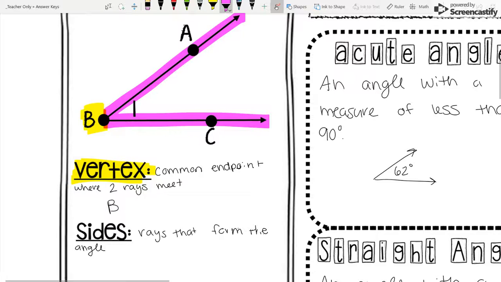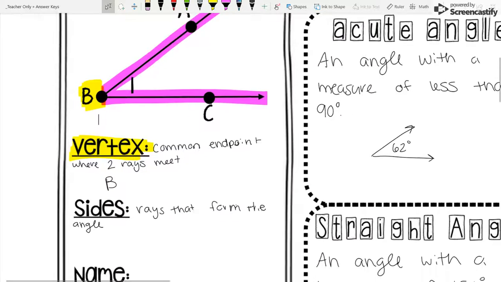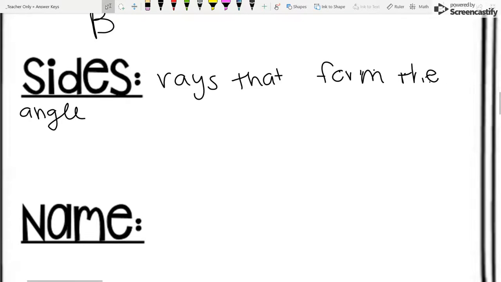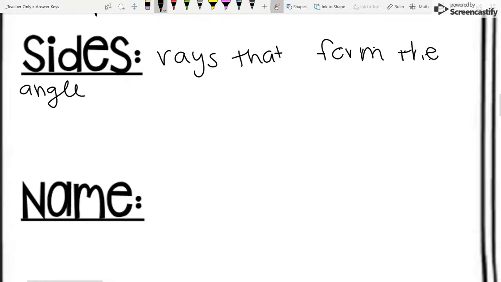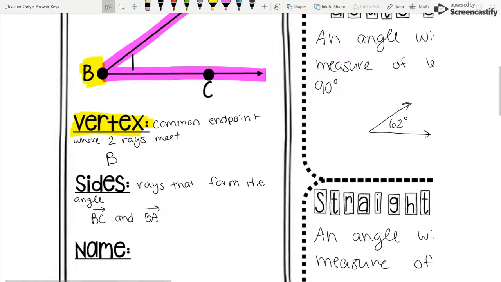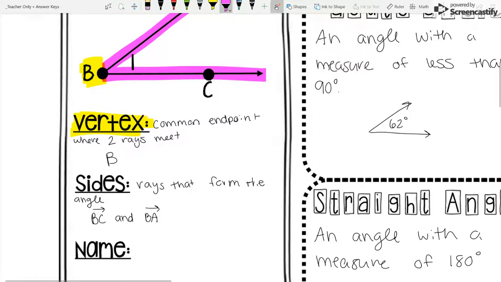Now remember from our first section that whenever you name a ray, it has to go from the endpoint and then to any point in the direction that it goes infinitely. The two sides of this angle are rays BC and BA. It has to have the ray symbol over top. Those are our two sides of our angle.